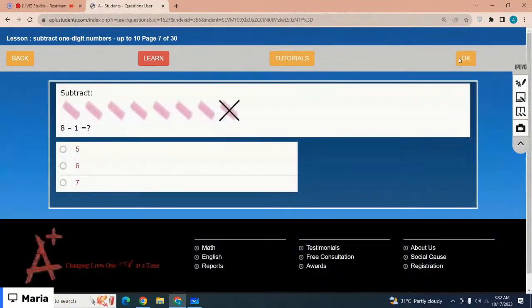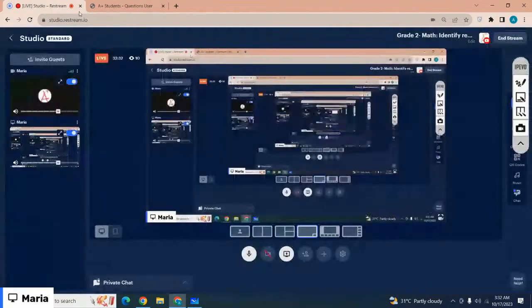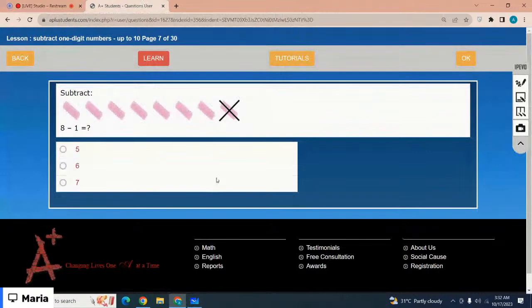Okay, subtract 8 take away 1. So which is the correct option? 8 take away 1 equals.